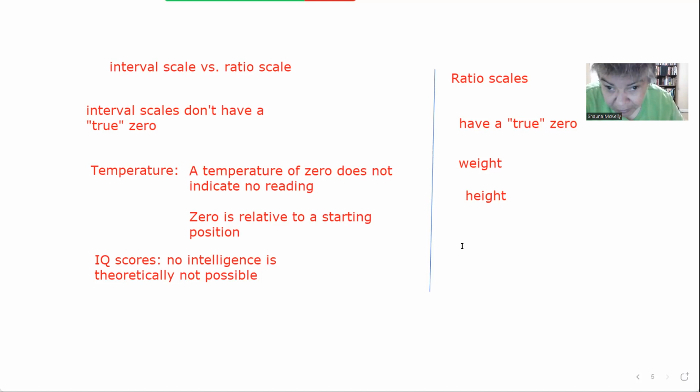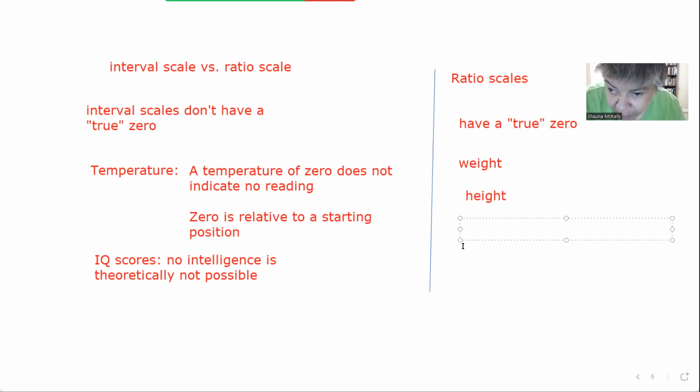Weight, height, those are both ratio scales. Anything that has a starting position from 0, not from some arbitrary point, that's a ratio. But if you're starting from 0, that's going to be a ratio scale.